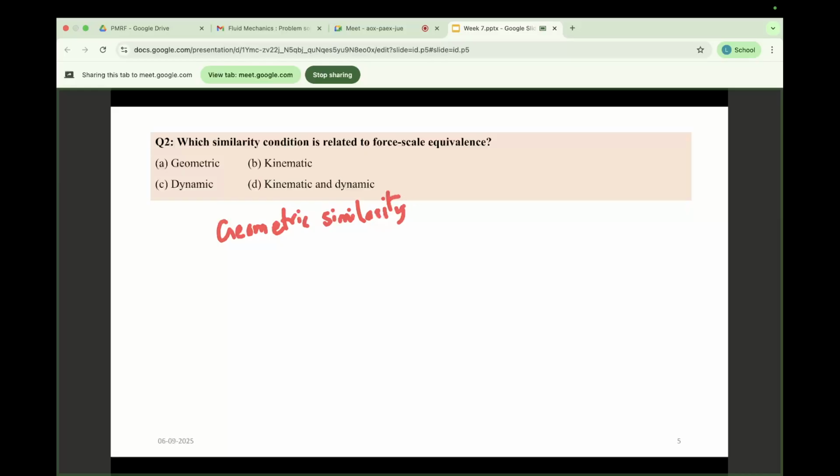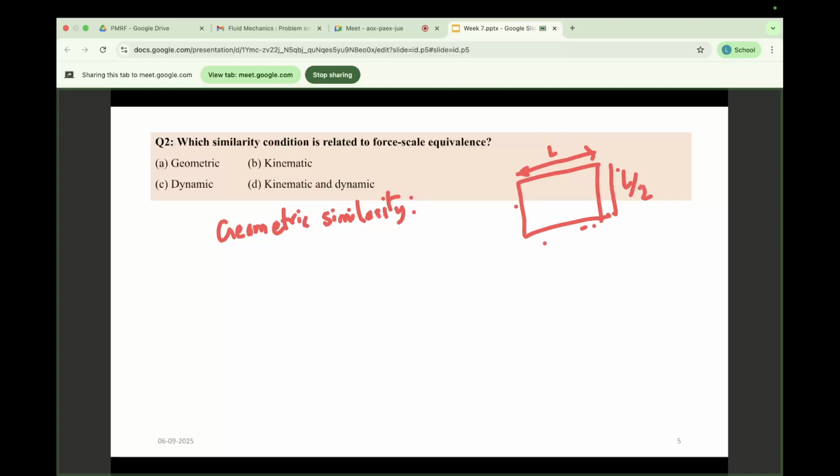This means that the shapes are scaled. Like if this is a small body of length L, the larger one is, say, 2L, so a scale is there.